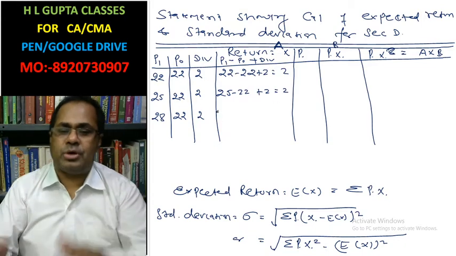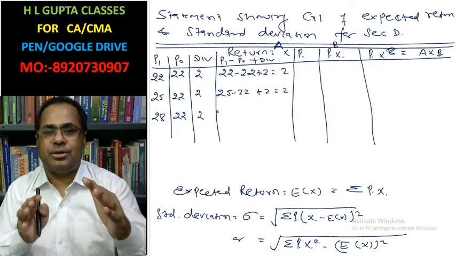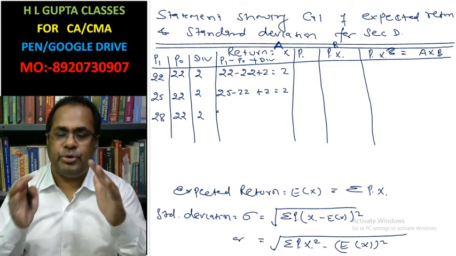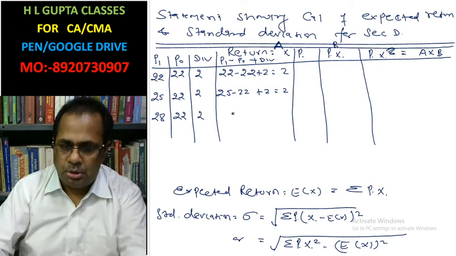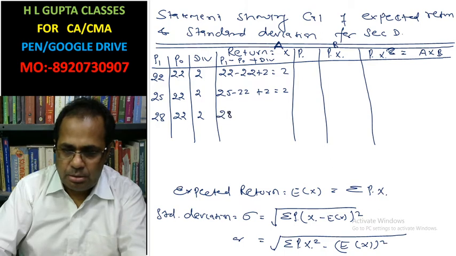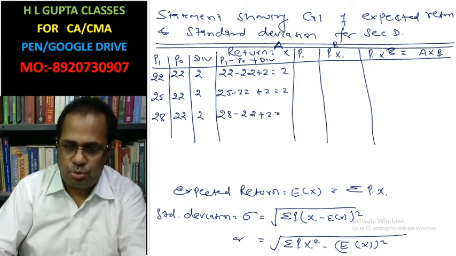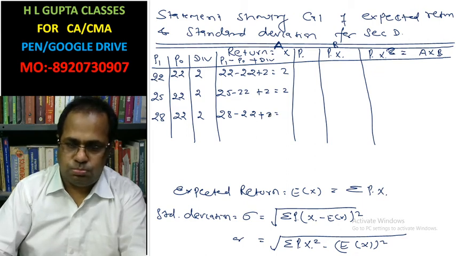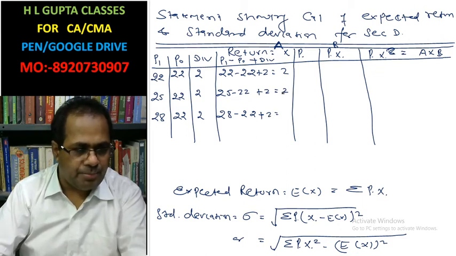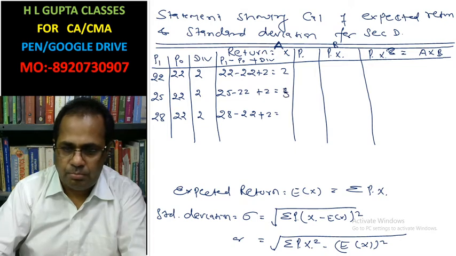I am not going to calculate the percentage return, just I am going to calculate in unit amount. 28 minus 22 plus 2, in this case this is 8. The returns are 2, 5, and 8.